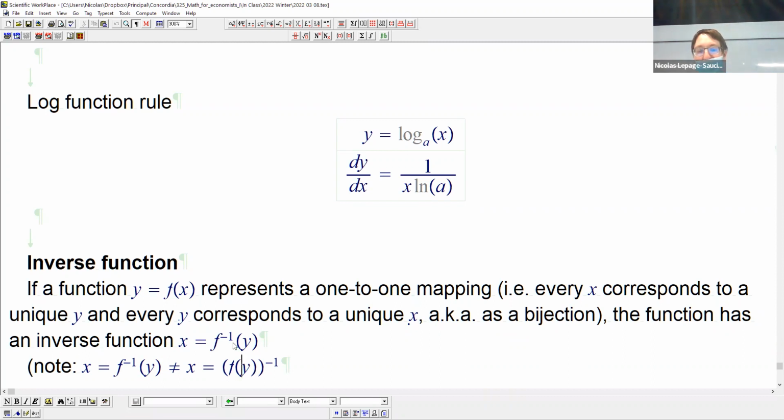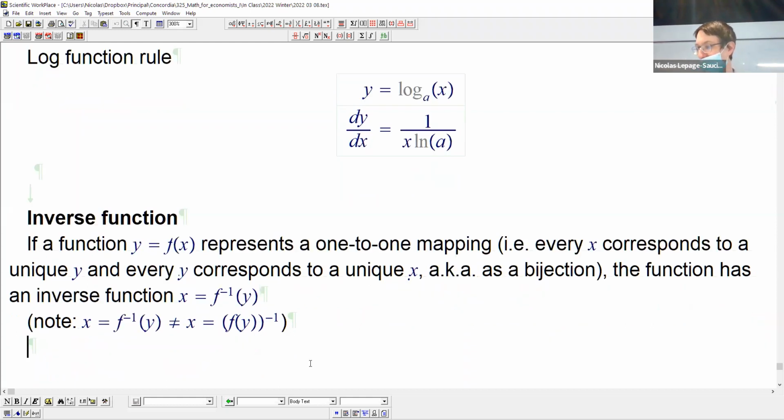So taking the inverse function is really going back to where you started. Here is just f applied to x. That's all you have to know. So don't confuse both of them. This is if f is strictly monotonic.